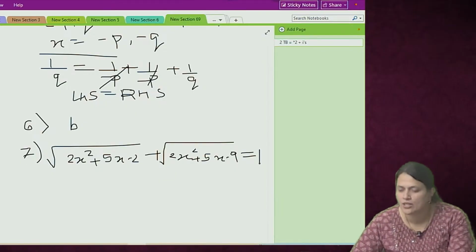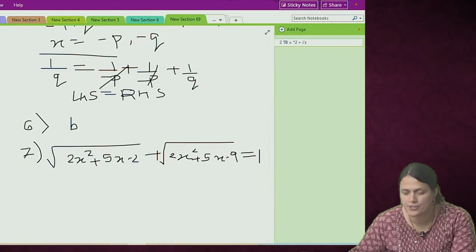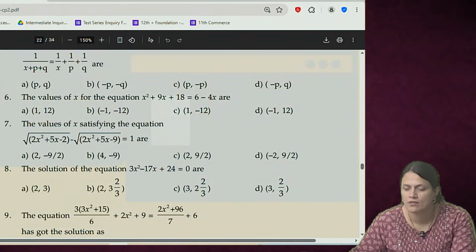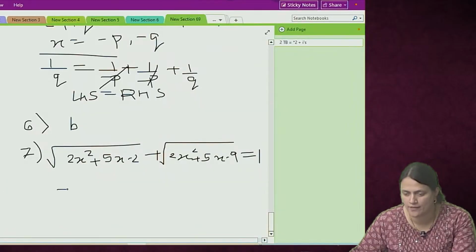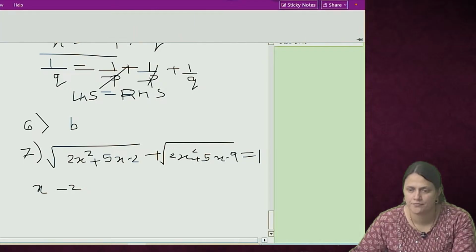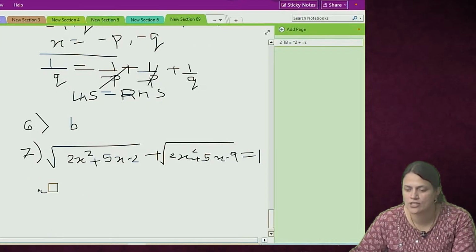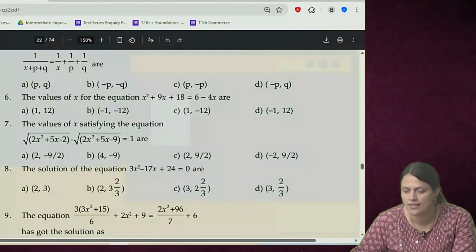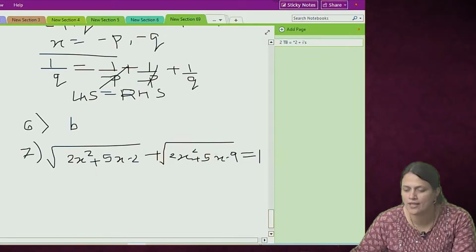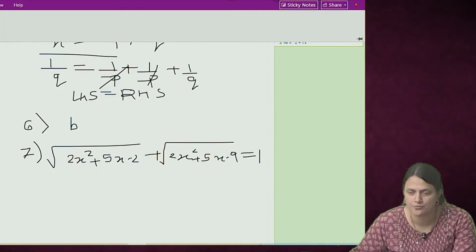Solve by the method of substitution. For the 7th one, minus 2 and 9 comma 2. Let us check. 7's answer is A. So let us check by substitution. He has told us the answer is 2 comma minus 9 by 2.